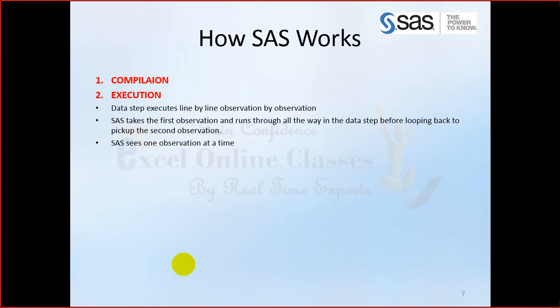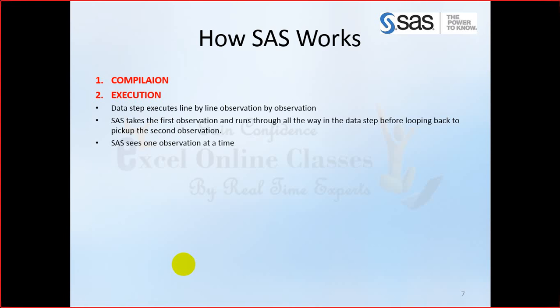Once you give a code, if everything is right, the syntax is correct, and the names you have given are correct, I'll tell you the naming rules later, then SAS will translate it into machine language. That is compilation.